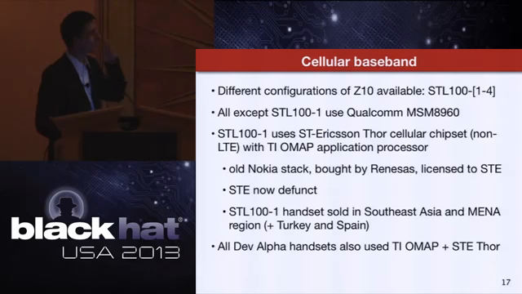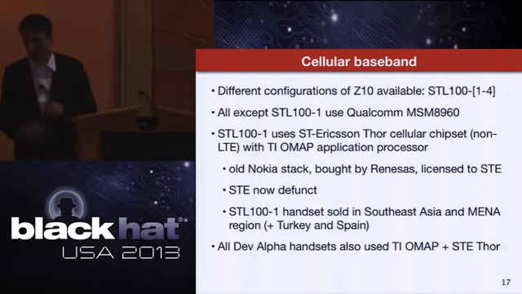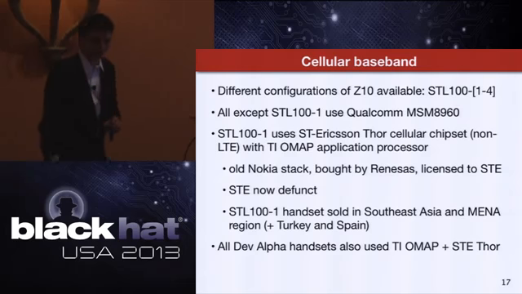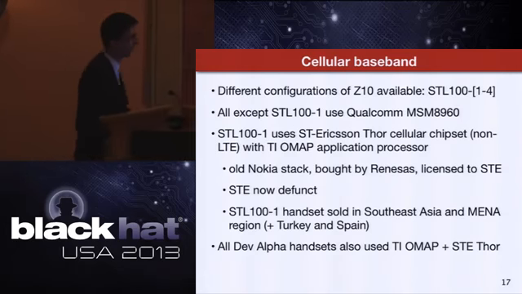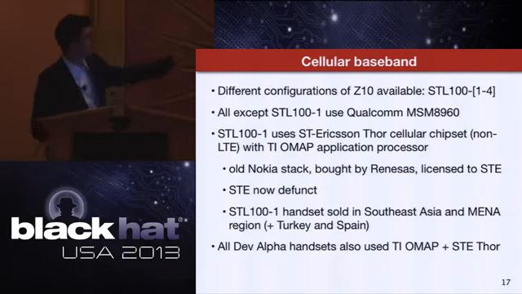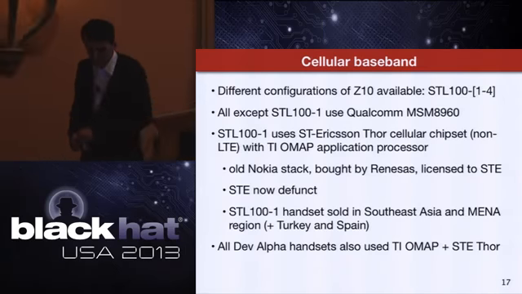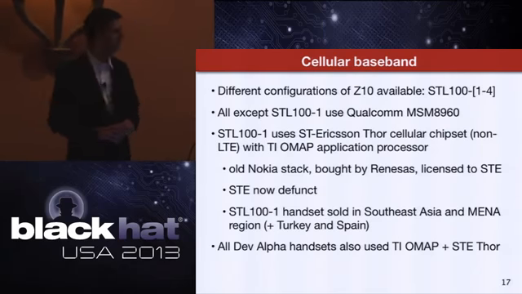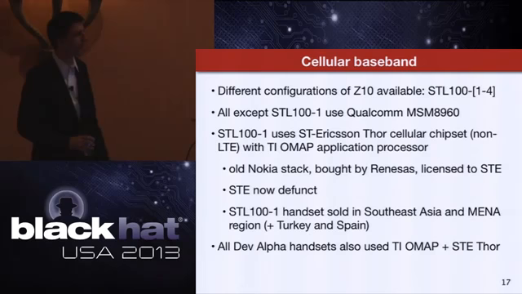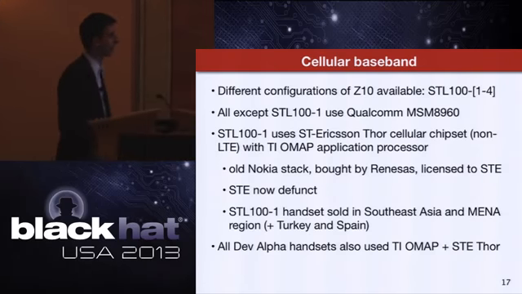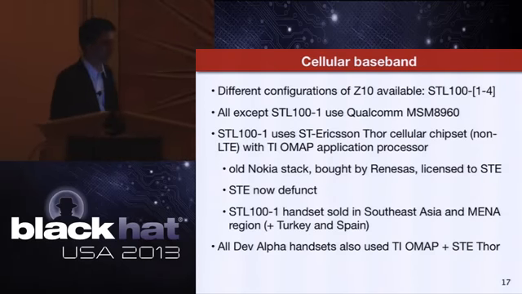So for the baseband, there are different configurations of this Z10 available. I have looked at the other devices, and the Z10 seems to be the only one where this is the case. All of the handsets except the STL100-1 use Qualcomm chips. But this STL100-1 uses an ST Ericsson Thor cellular chipset with a TI-OMAP application processor.